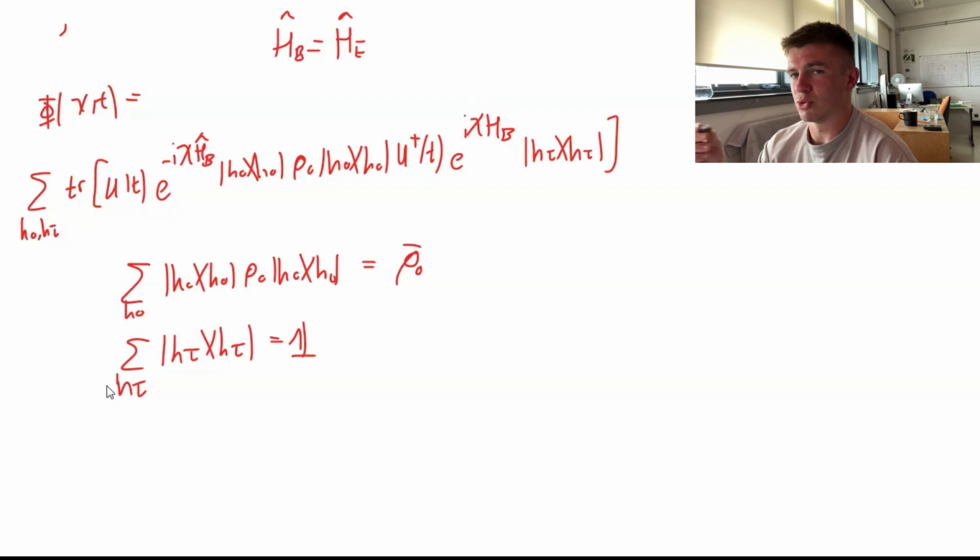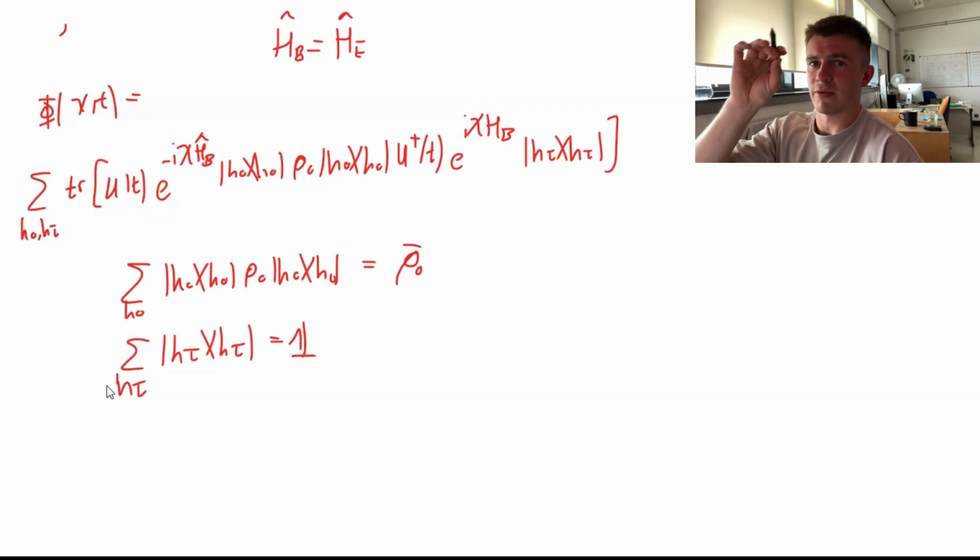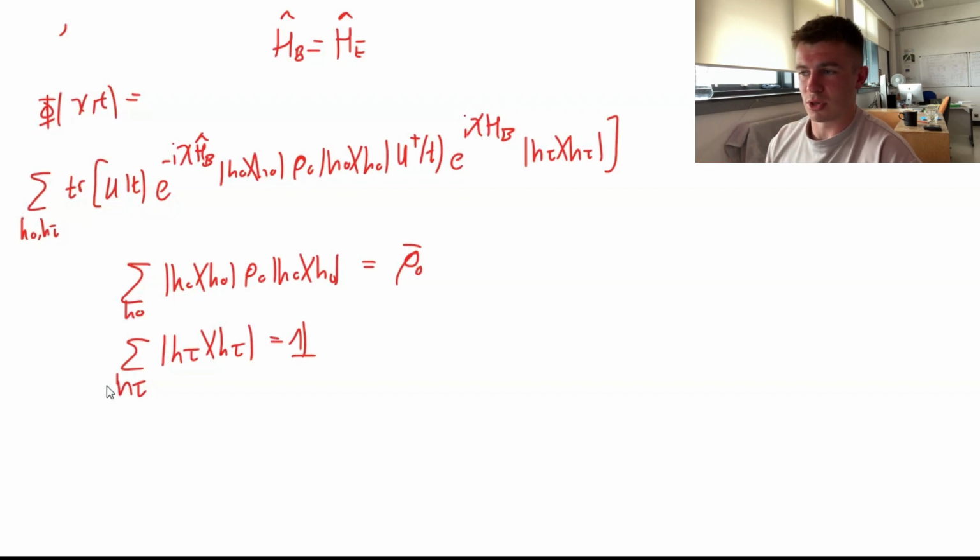So if we perform this a bunch of times, eventually the sum over H_τ of the projector onto the H_τ state is going to have every possible eigenstate of the bath Hamiltonian. So all eigenstates of the bath Hamiltonian will be included in here, and the sum of all projectors onto eigenstates of a Hermitian observable equals the identity.